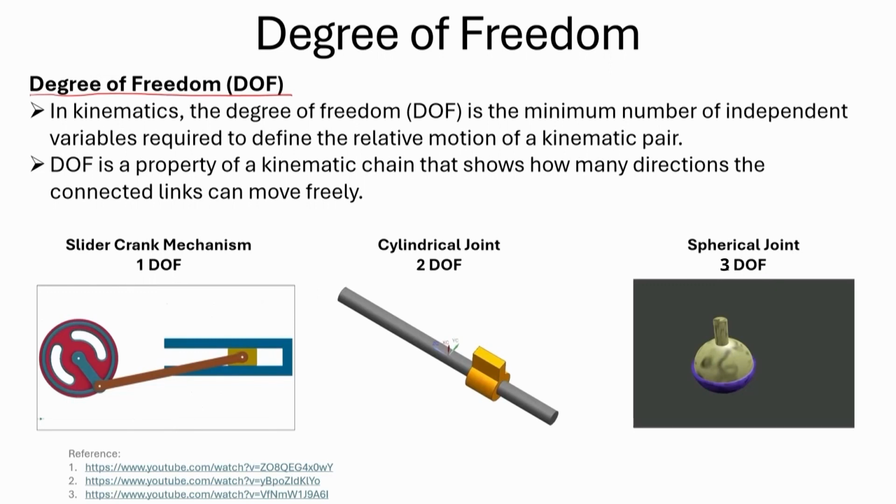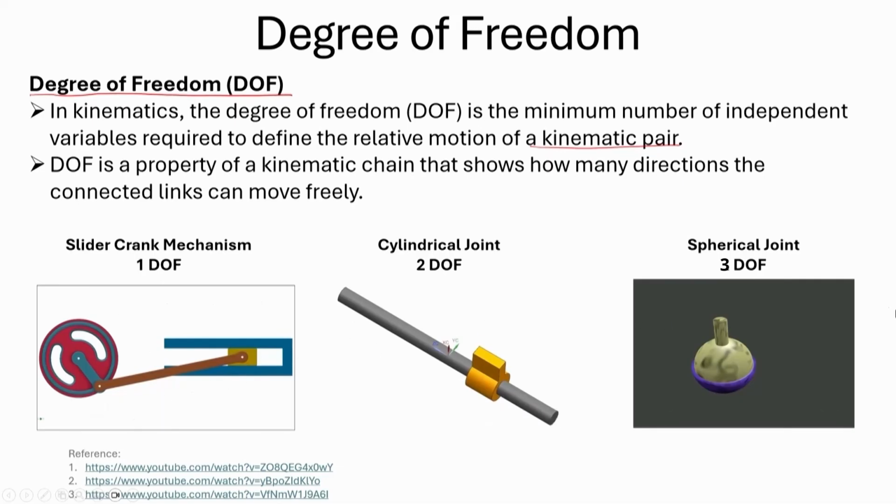So, the moment you have 2 rigid bodies joined together, this individual 6 degrees of freedom may get lost, and it will come down depending on the degree of constraints that it is going to apply. So, for a kinematic pair, we have to now know how many degrees of freedom we are going to allow for a system. Now, different mechanisms or joints, so to say, would offer different types of degrees of freedom.